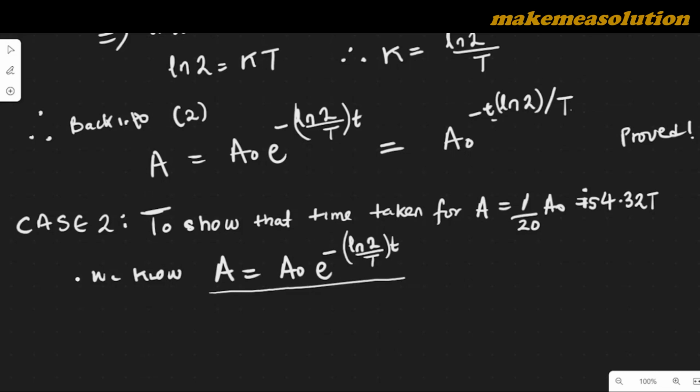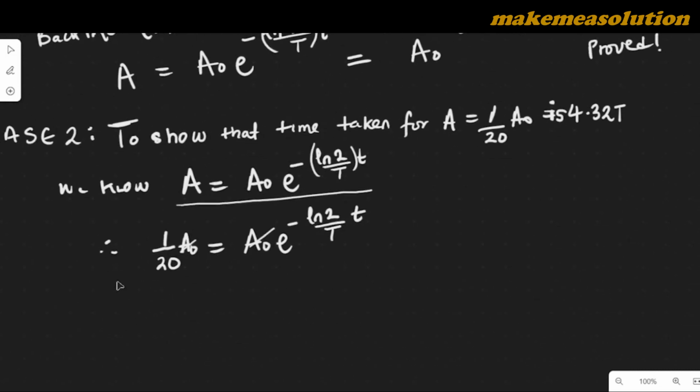Now we want to find the time when A is actually 1/20 of A naught. Therefore, for A being 1/20 A naught, we are going to solve for time like this: exponential minus ln 2 over T. A naught cancels out A naught.